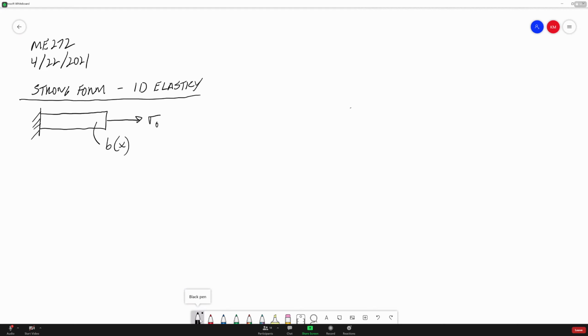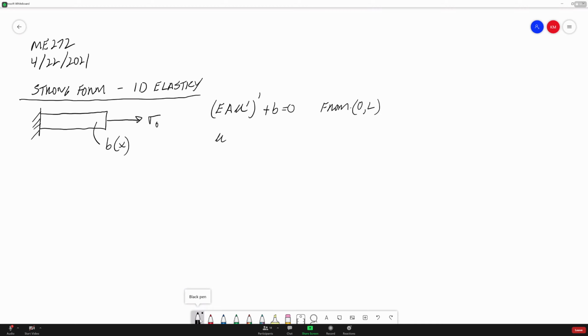And the constraints of our problem are, again, elastic modulus times the area times strain. We're going to take the derivative of that plus our body force is equal to 0 from 0 to L. This is our domain.